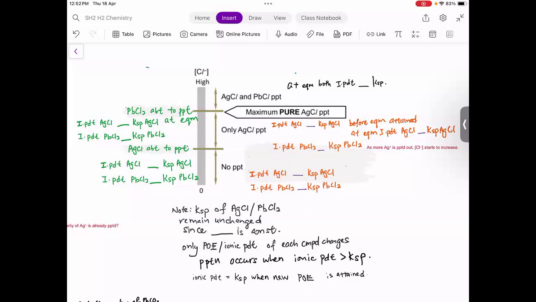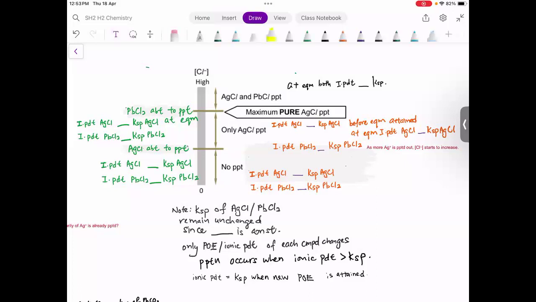So in order to understand the whole process, you must recognize that the ionic product will keep on changing. Once you're done, you can discuss with your elbow partner first.